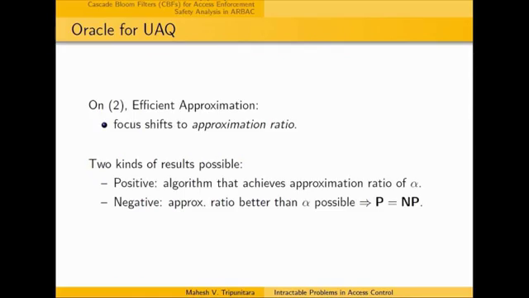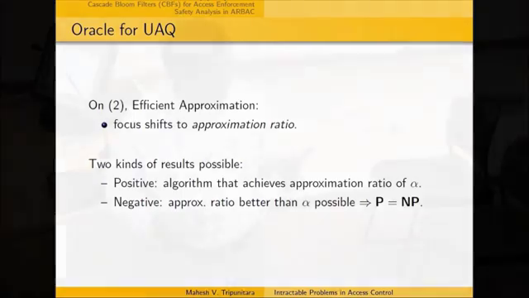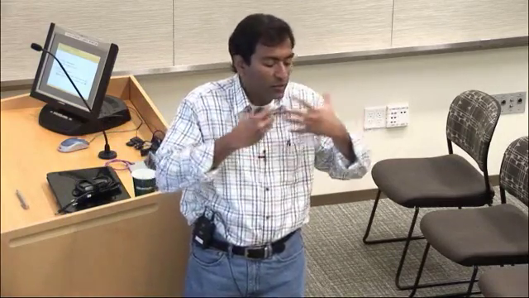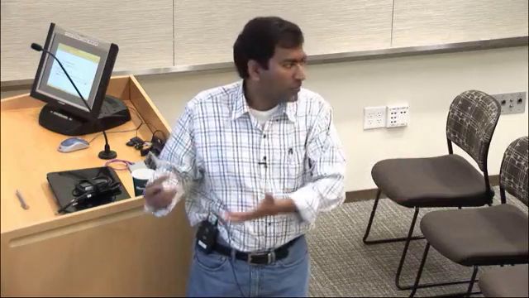In approximation theory, what the theory does is shift the focus from time efficiency to something called the approximation ratio, which is about the worst case. Here's an efficient algorithm for this problem. Assuming that P is not equal to NP, we know there has to be a trade-off somewhere.